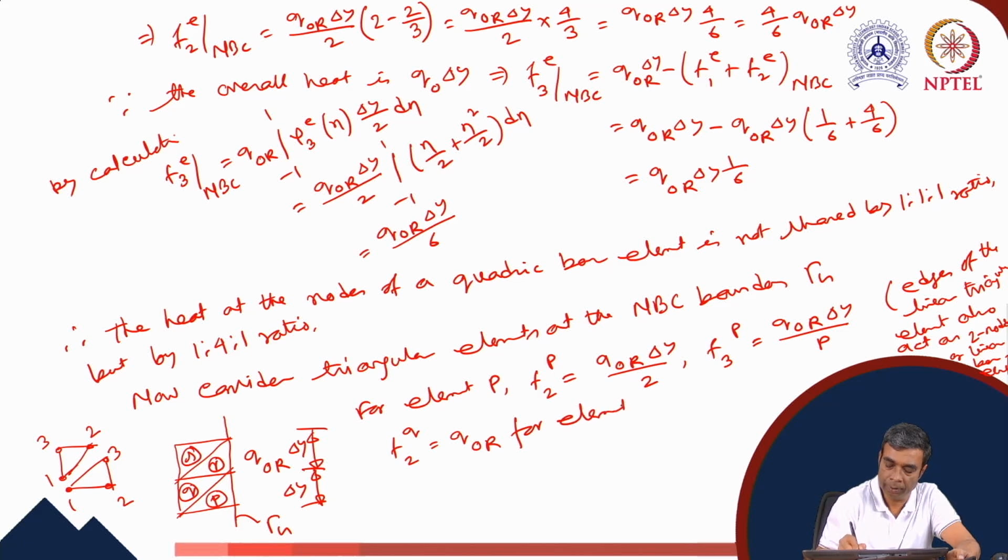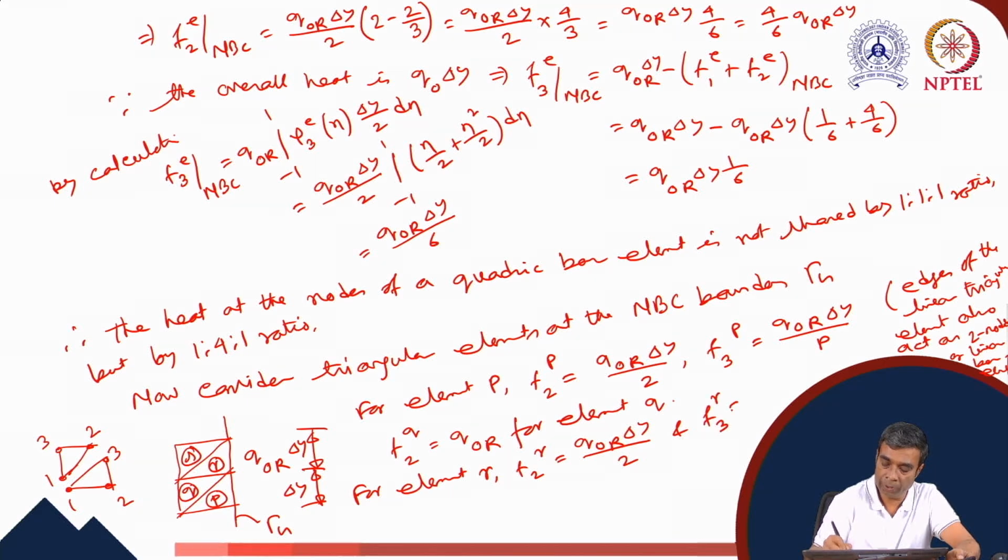For element R, we have F2R equals Q0R delta Y by 2, and F3R equals the same contribution, delta Y by 2.